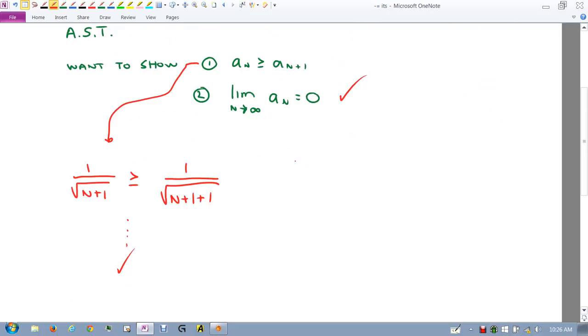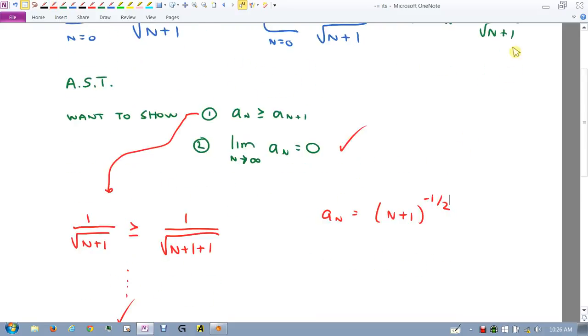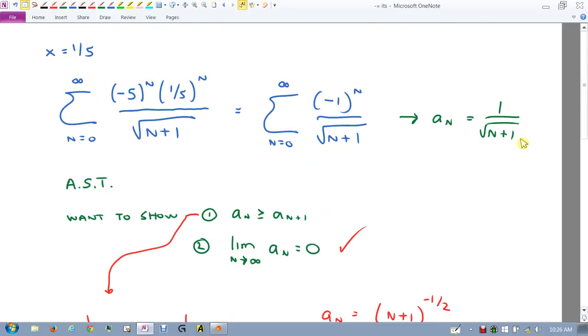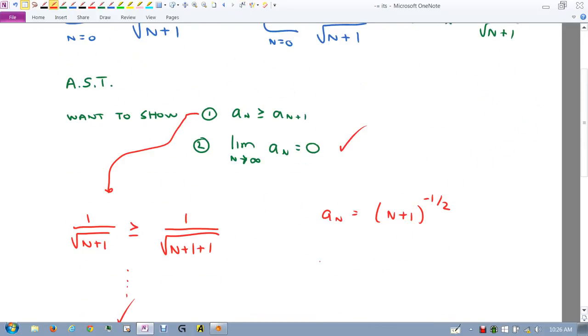I like the derivative way. If I rewrite that as n plus 1 to the negative 1/2, so I bring this thing up, and then take a quick derivative.